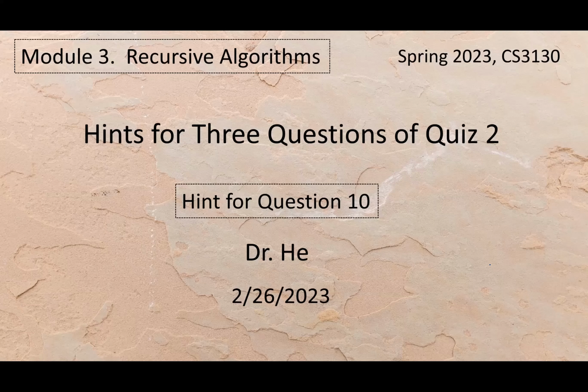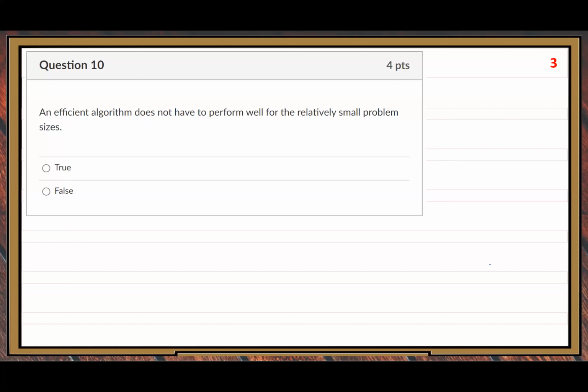The last one I'd like to explain is a hint for question number 10. This one is concept understanding, and some students got confused. Here we compare the algorithms' efficiency and performance when the problem size is relatively small.